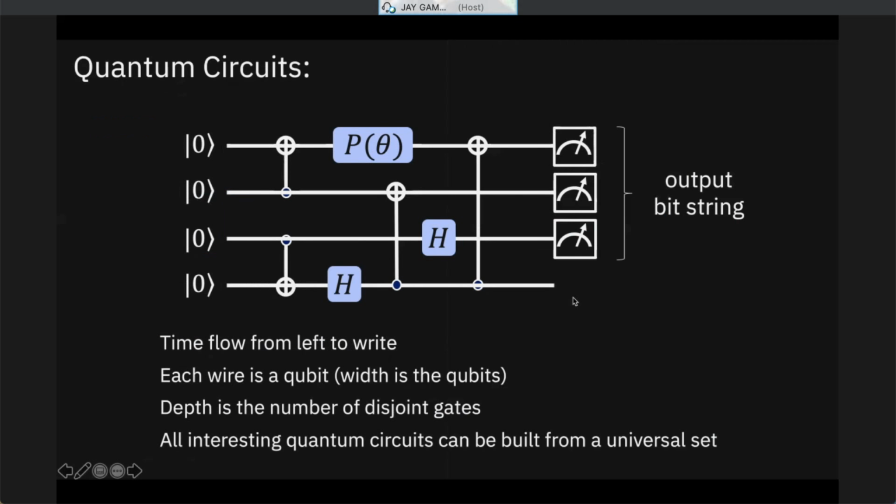So a quantum circuit then. Basically a quantum circuit starts, as I said, with all the qubits initially in the 0. And then time goes from left to right, I obviously spelled right wrong on the slide, and each line here represents a qubit. The number of qubits is the width. So how many qubits along here is the width.